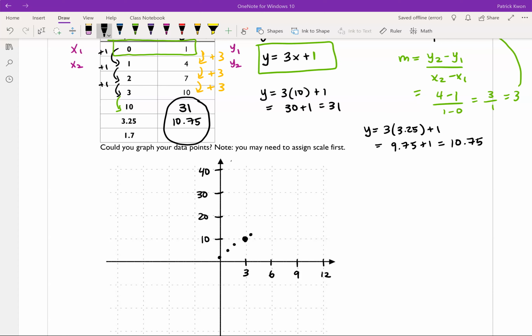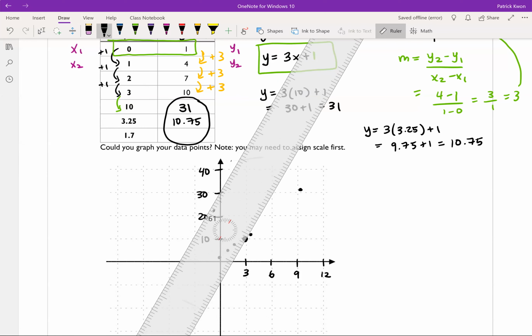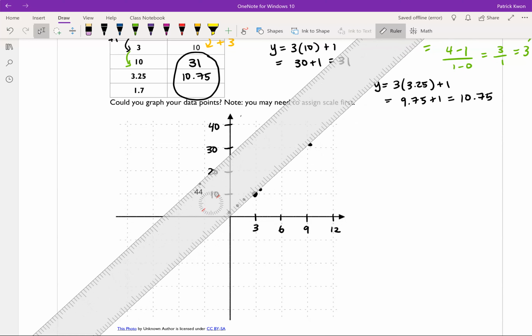And then our last ordered pair is 10, 31. So that's about right there. If I plotted these correctly, it should form a straight line.